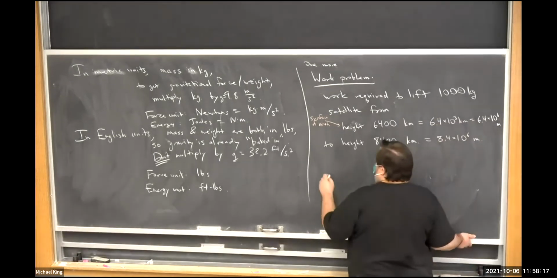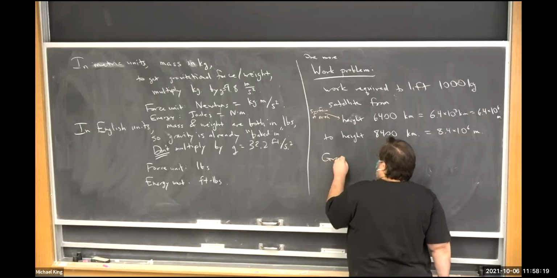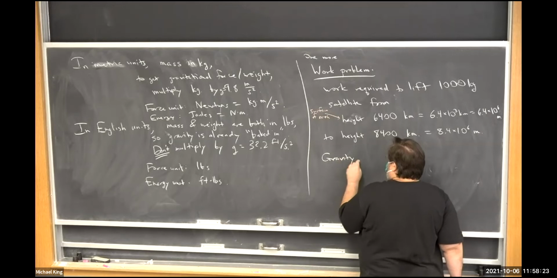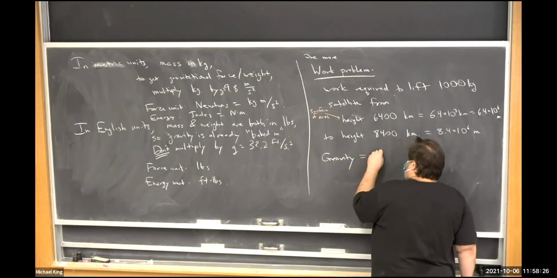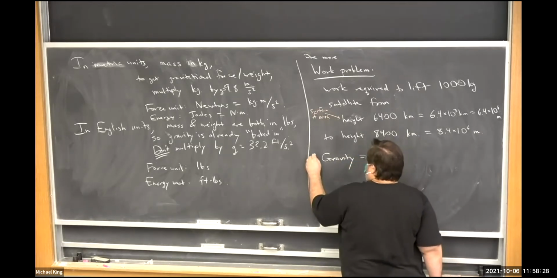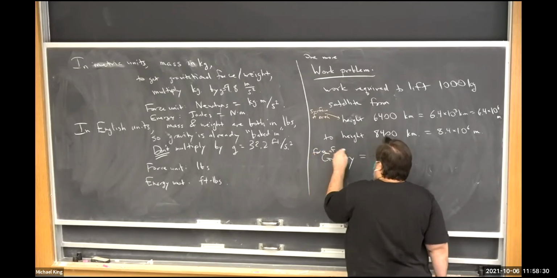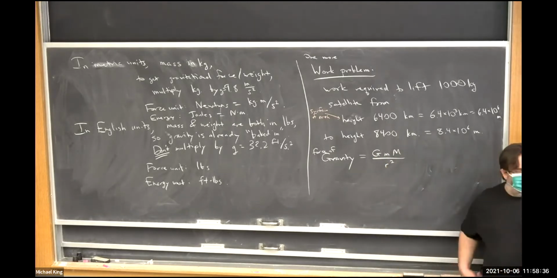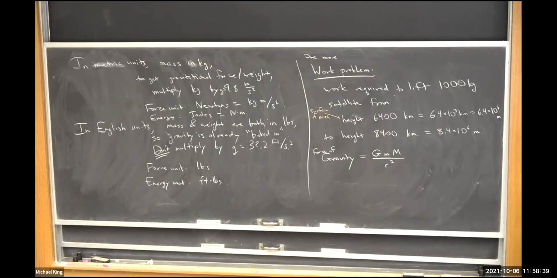Gravity, well, it's 9.8 at the surface of the Earth, but it's not 9.8 everywhere, right? The force of gravity, it's Newton's law. You guys remember this, Newton's law of gravitation. You have the masses of the two bodies.